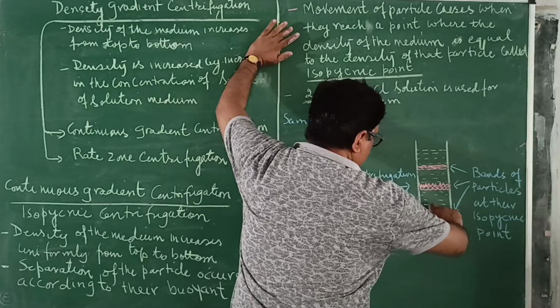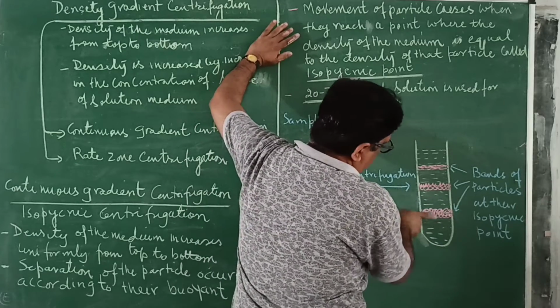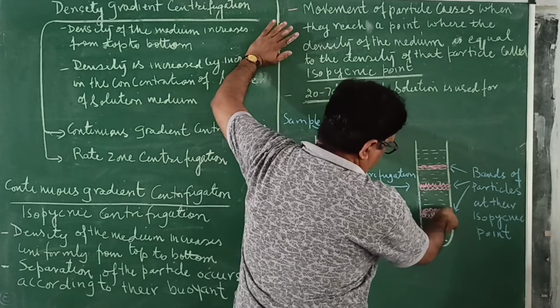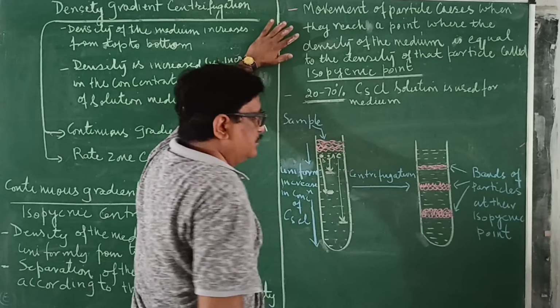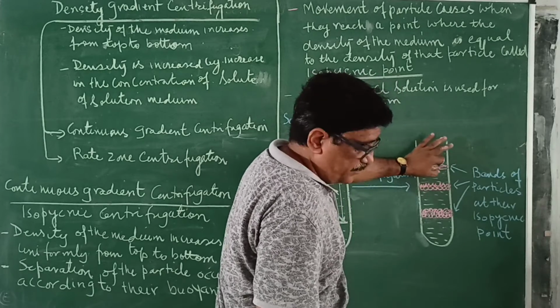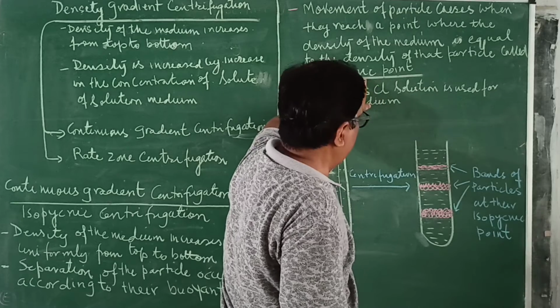And this is the particle whose density equals the density of the medium at that point, which will form a band over here. So all the bands of the particles are formed at the isopycnic point.